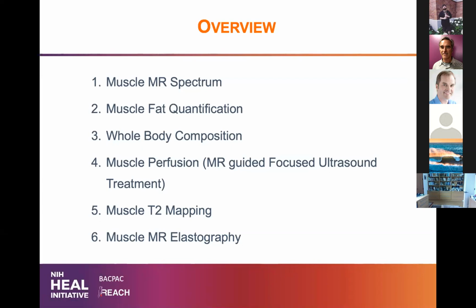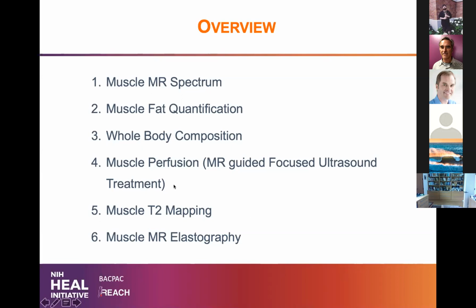And then also, I think what would be of interest for this audience is muscle perfusion contrast enhancement in MR-guided focused ultrasound treatment. So this is a small preclinical study we did to look at treatment of the facet joint and SI joint, and then treatment results in muscle perfusion.